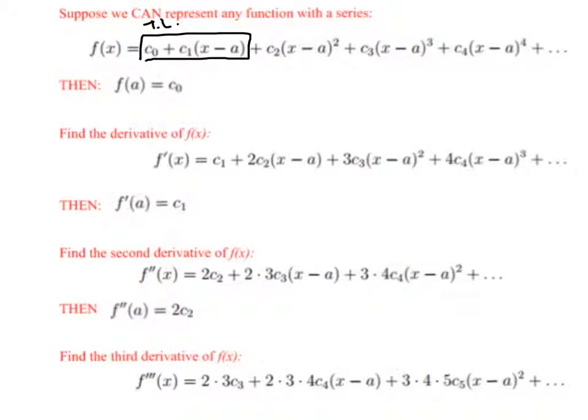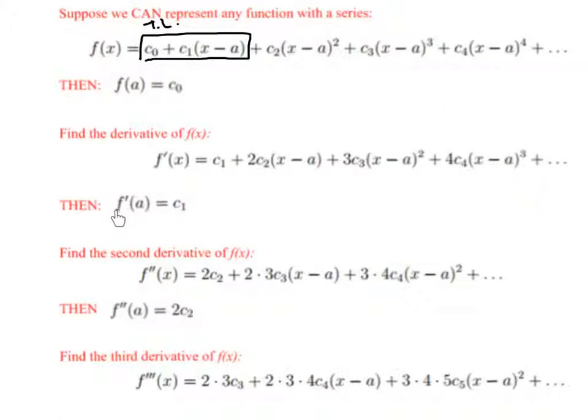Now, if I found the derivative of this function, of course the derivative of a constant is gone. The derivative of this constant times x is just that constant. Here you need to see some chain rule. You bring the 2 out front, drop the power. Here you bring the 3 out front, drop the power. Again, we're doing chain rule, but the derivative of the inside is always 1. Here we drop the 4 out front, drop the power.